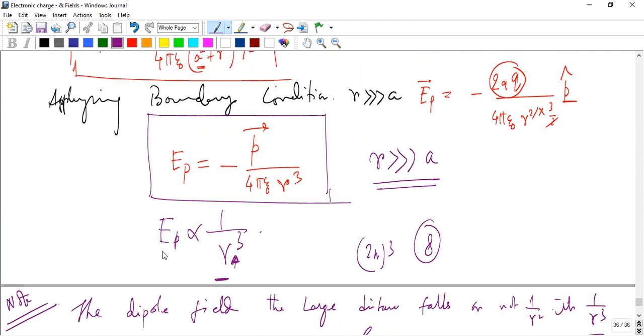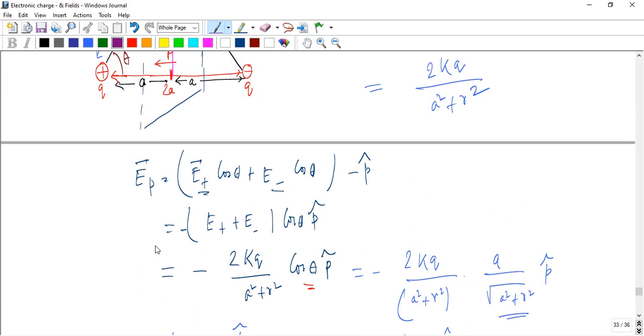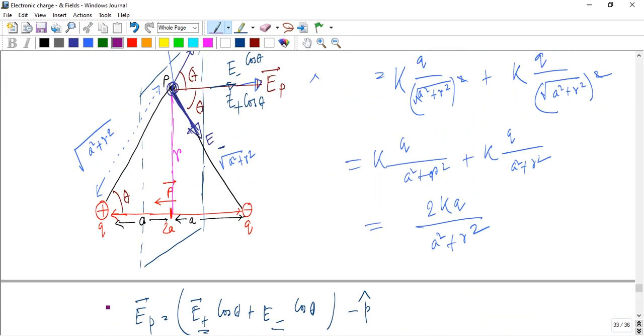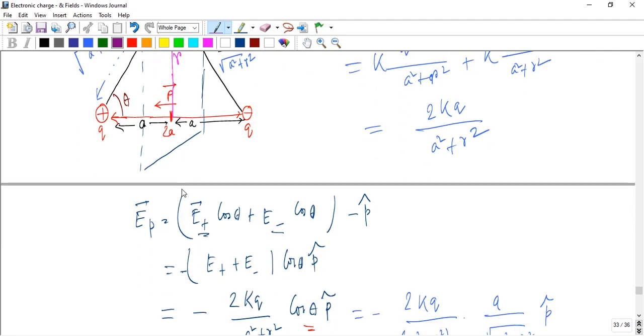Very important, angle between r and p. If the angle between r and p is 90 degree, you get sin 90 is 1, and sin 0 is 0.